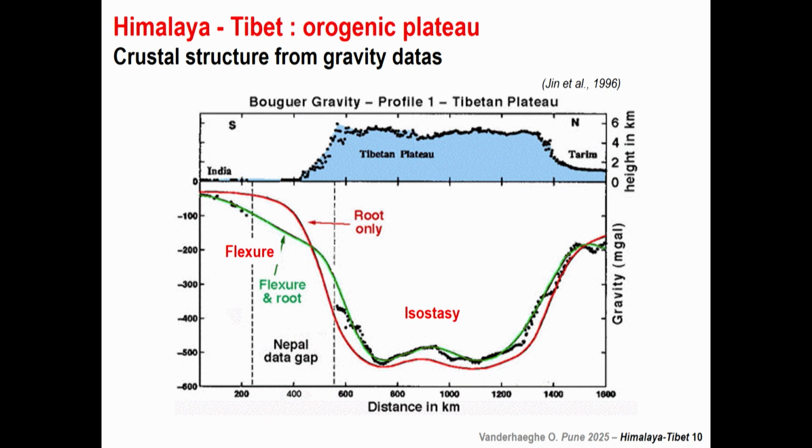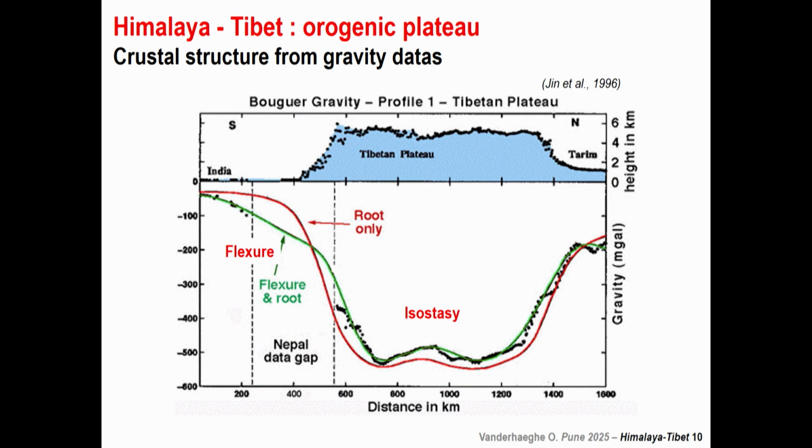So isostasy, it's like each vertical column is independent from the neighbors, right? So if I walk, well, the ground should go down, right? Because each individual column is independent from its neighbors.